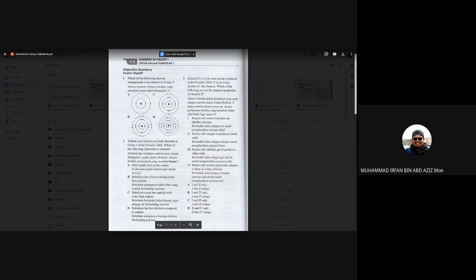Okay, cikgu hantar terus lah dia punya template dia sekejap. Sekejap dia.